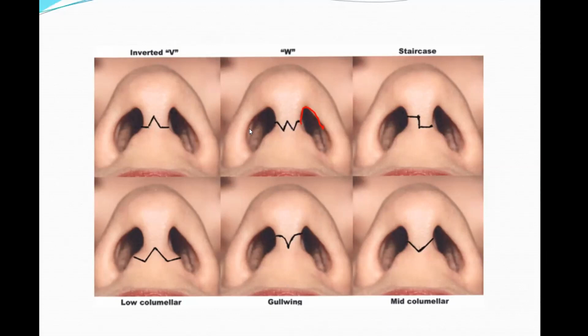So this point here, can you see what I'm drawing? Can you see that point I drew on the screen now? Yes, sir. So this point is devoid of any kind of cartilage. The reason is the medial crura comes up like this and turns upwards. It does not turn downward like this. So this point is devoid of any kind of cartilage, and that's why it is called the soft triangle.